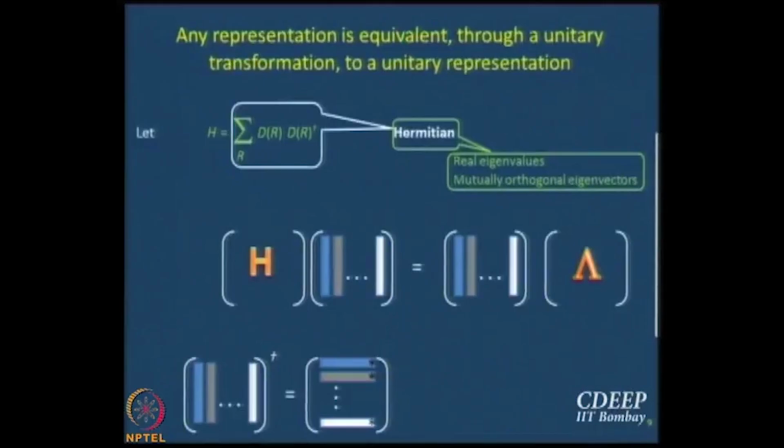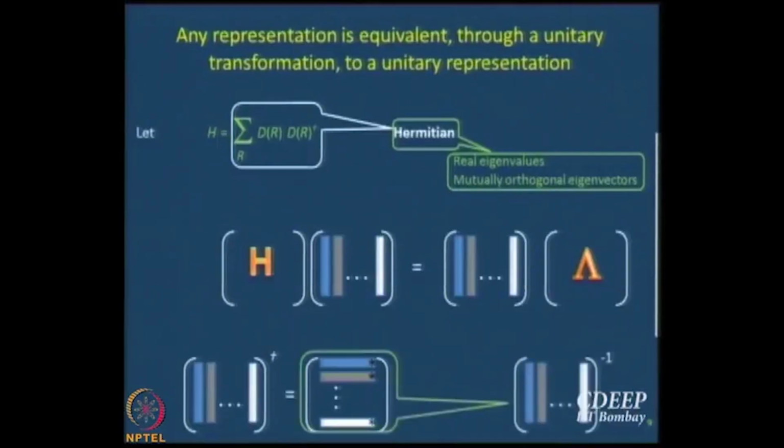Right? Now, since everybody is okay with this, will you agree with me when I say that this adjoint is also the inverse of the same matrix? Work it out. It is convenient if you multiply this matrix by the adjoint.